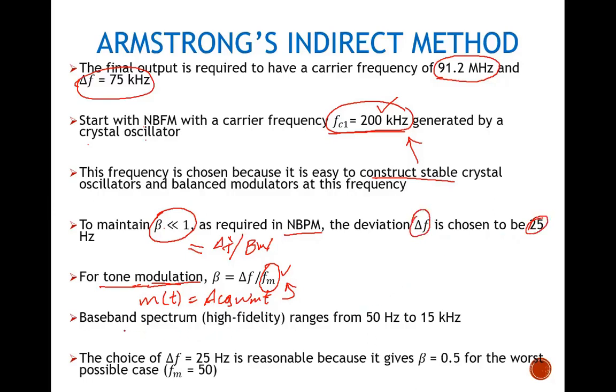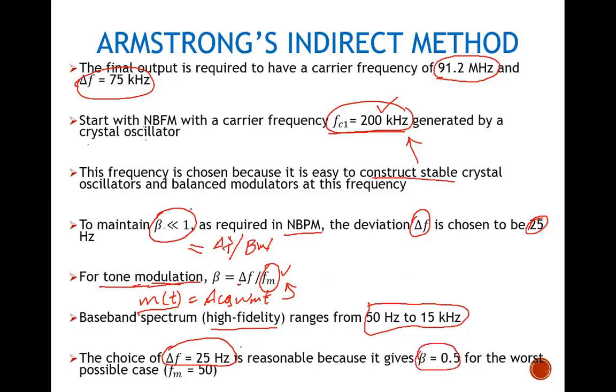Now, for the baseband spectrum, this m(t), if we want a high fidelity baseband signal, the range of frequencies it can have is generally between 50 hertz to 15 kilohertz. So the choice of 25 hertz is reasonable in this case. The choice of 25 hertz for delta F is reasonable because that will give us a beta of 0.5.